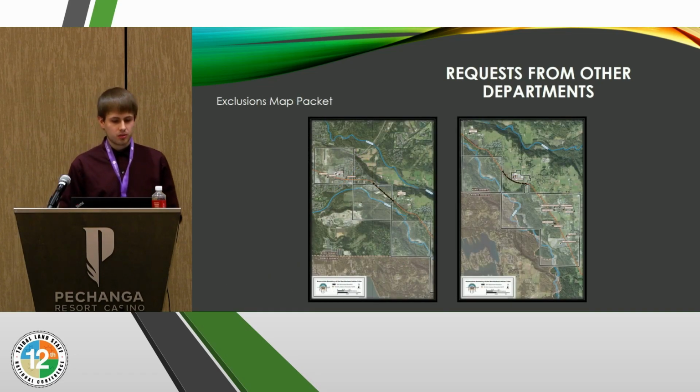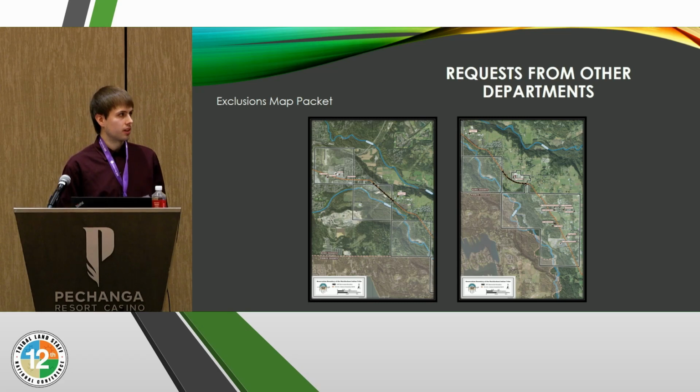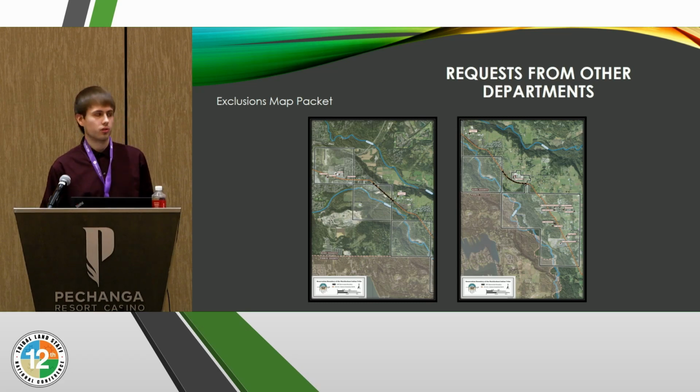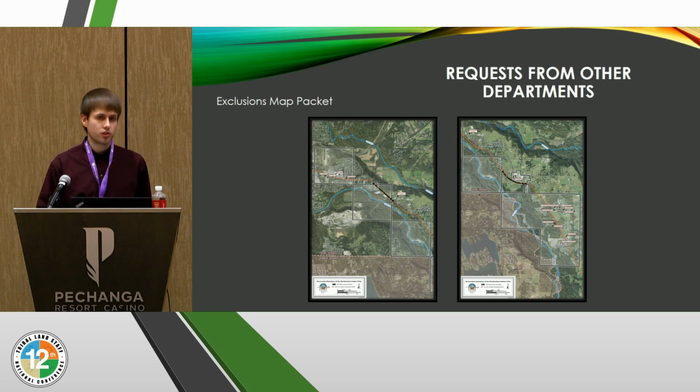And then finally, a very recent thing I put in, an exclusions map packet. By exclusions, I mean folks who are disallowed from being on the reservation for various reasons. Our legal department and the King County Department of Corrections asked for a clear map to show where the reservation boundary was, where the roads along the boundaries were, where the county line was, and where the highway that runs through the reservation was, to show people, hey, you can't go here, or you can go here.